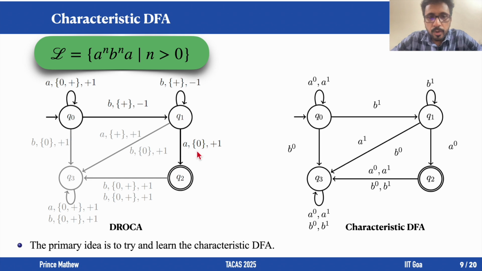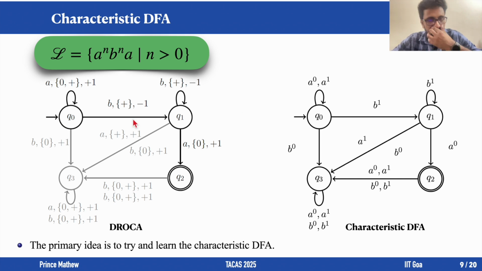From q1 to q2 you had a transition on a for 0 counter value, so in the characteristic DFA you will have a transition from q1 to q2 on a0. Similarly, here you had a transition on b plus, so we will have a transition on b1. From q0 to q0, you have a transition on a0 and a plus, so in the characteristic DFA, you will have a transition on a0 and a1. You do that for all the transitions, and what you get is a characteristic DFA.